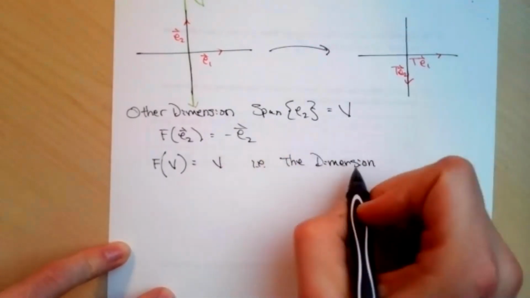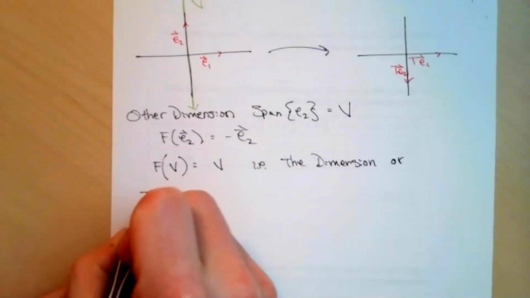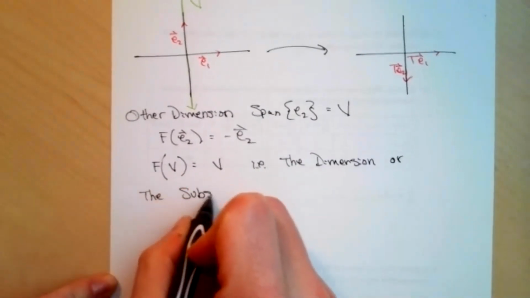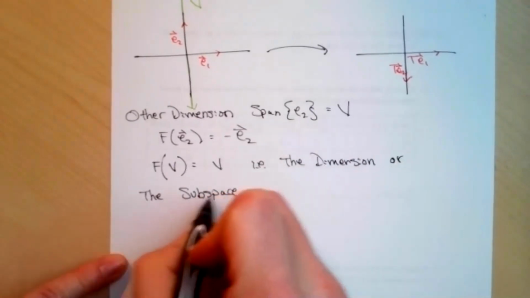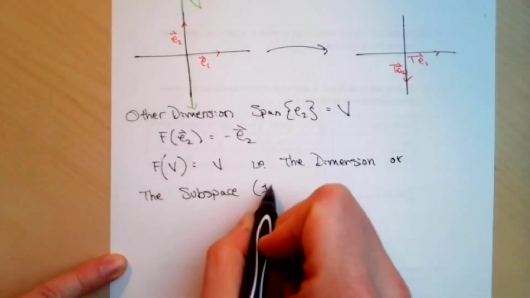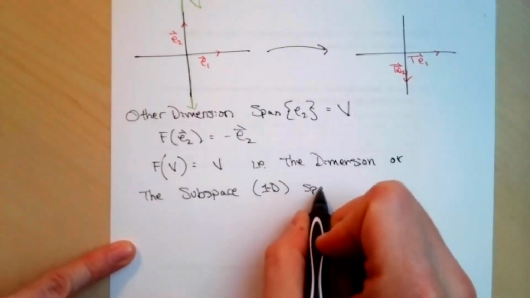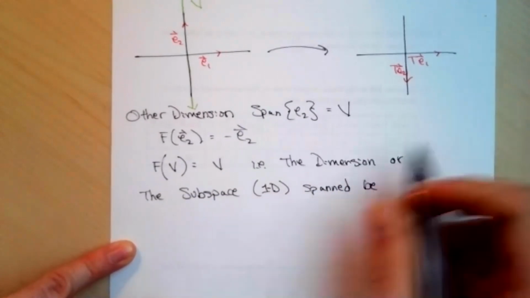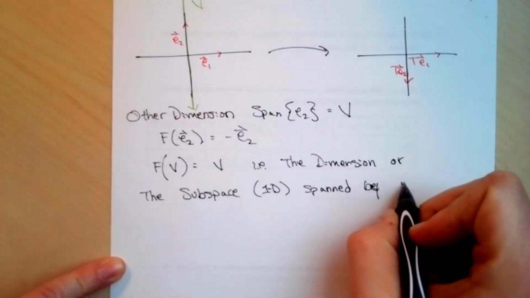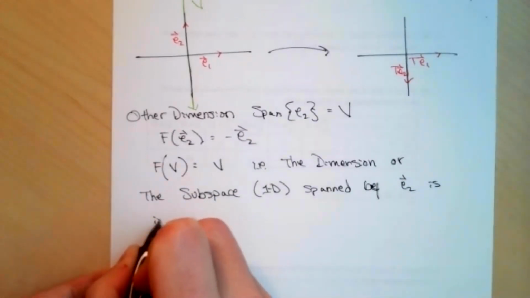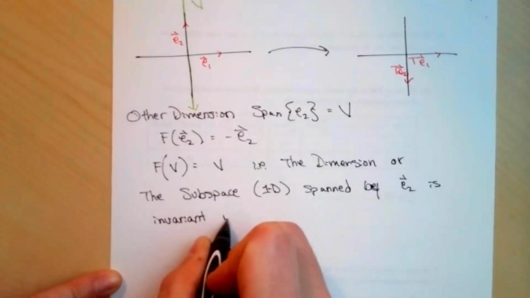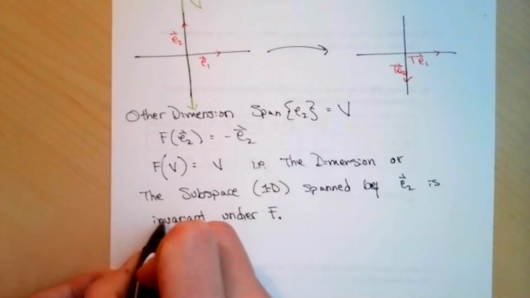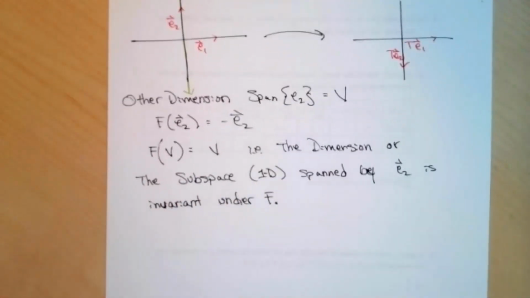So the better terminology is the subspace, particularly the 1D subspace spanned by E2 is invariant under F. Meaning that if we look at that subspace and its image under this linear transformation, it doesn't change as a whole. It might flip.